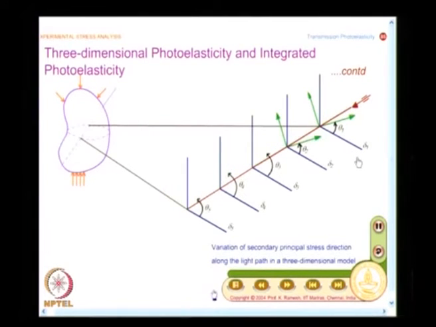And whenever you face a problem like this, mathematicians first try to solve the problem by looking at simpler cases. In one case, I may have a thick model, but the stress distribution is such that the principal stress direction does not change over the thickness, only the magnitudes vary. This is one type of problem. There could be another class of problem where the magnitude remains the same, but there is a rotation of the principal stress direction along the light path.